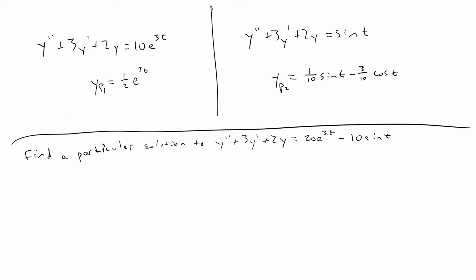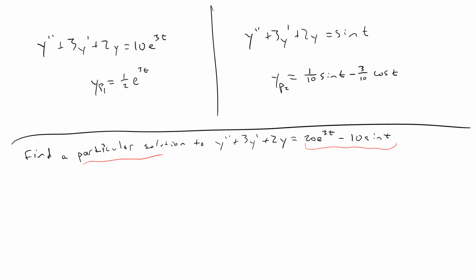One last thing I want to show you guys before you move on to the next video to see some examples worked out. I want to return to the other application of the superposition principle that I mentioned at the beginning. The idea is that suppose I want to find a particular solution to this differential equation down here, y double prime plus 3y prime plus 2y equals 20 e to the 3t minus 10 sine of t.